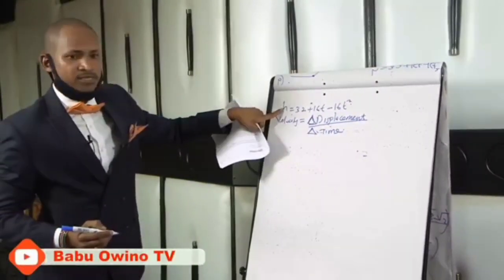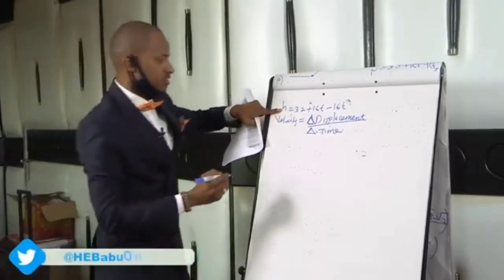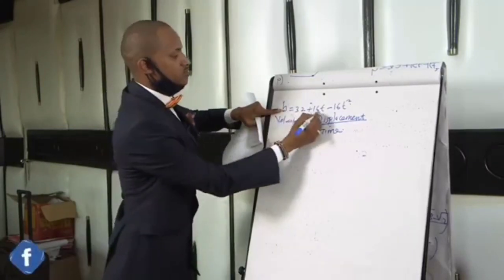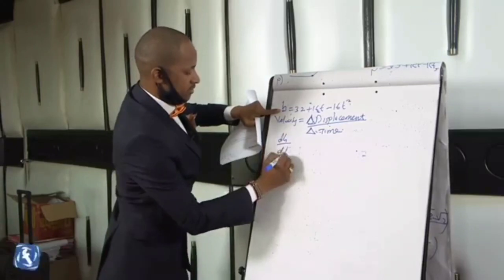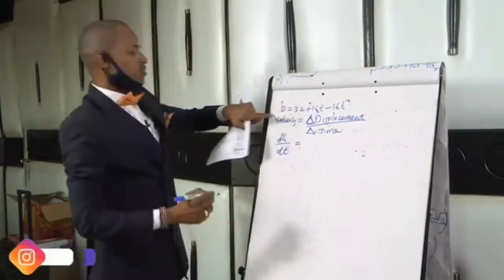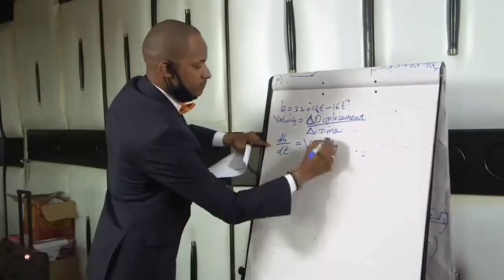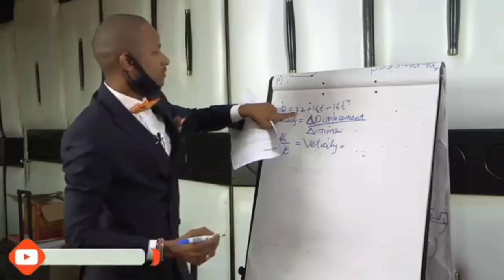We have displacement, or the height, as h. So when our height is h, we just differentiate h with respect to t. So dh/dt is equal to the velocity. When you differentiate 32, you get 0.